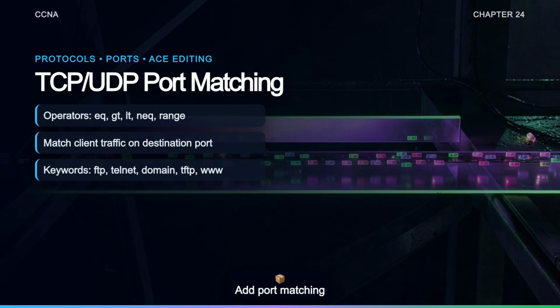Add port matching to the mix, and you get even finer control. When your protocol is TCP or UDP, you can specify source ports, destination ports, both, or neither. If you leave a port unspecified, all values match for that position.